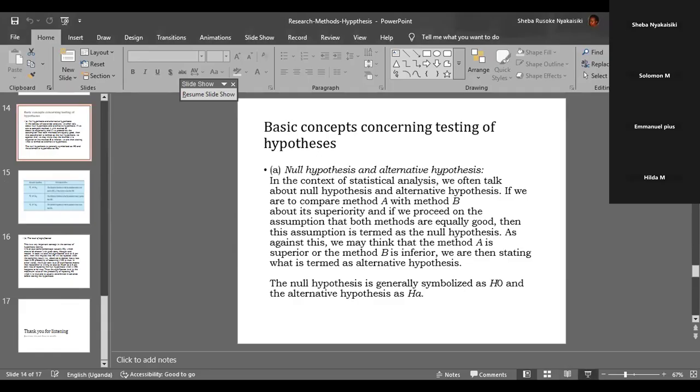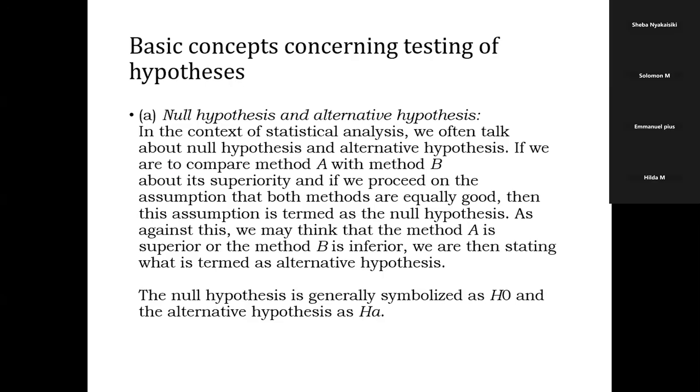That is null. Here, the example being given is two methods being compared to determine which is superior. If you have method A and method B, and both methods are equally good, then it is assumed that this can be termed a null hypothesis.